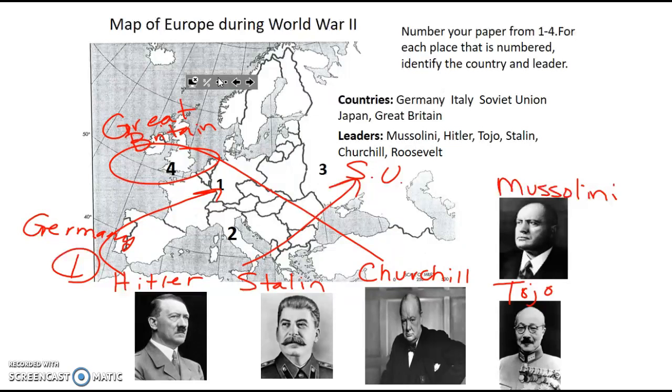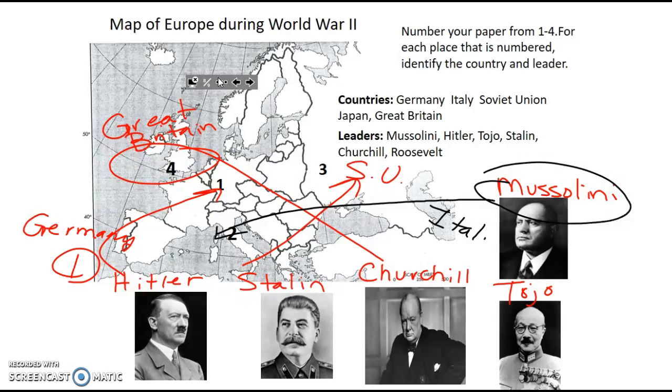And Mussolini, the fascist leader of Italy, Italia. And Tojo doesn't have the map of a country located on this page because he was the leader of Japan. And Japan's out in Asia, and Asia is not Europe. So there you go.